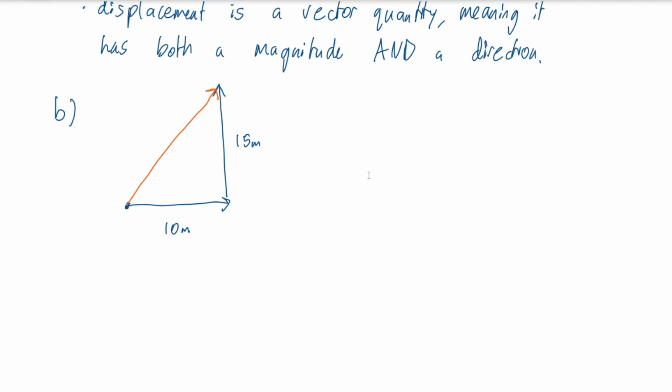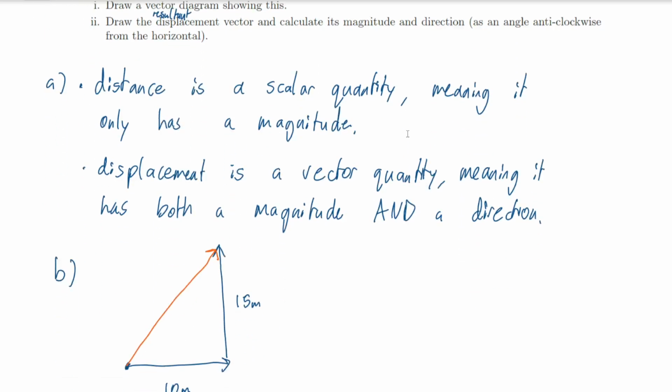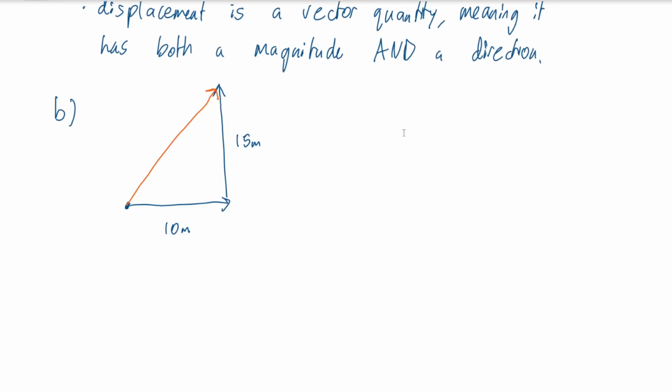So we've drawn our vector, but we need to calculate its magnitude and direction. So let's start with the magnitude first. Looking at this, since we went right and then up, this is actually a right angled triangle, and we can calculate the magnitude using Pythagoras' theorem. So let's label this D, and it will be, like these bars on the side just mean the magnitude, so the magnitude of D. So let's look for that.